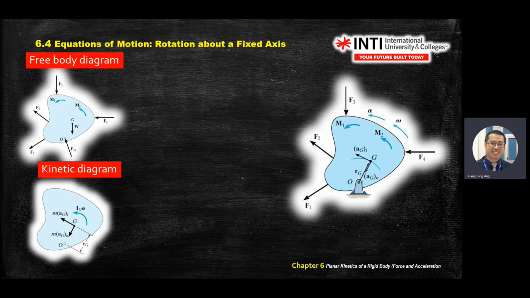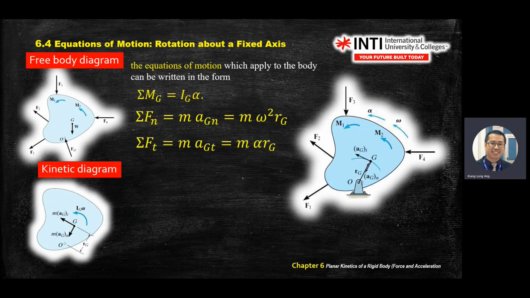So I'll just go very fast. Now you learn one more equation. If that object is fixed to one point, your moment equation you can calculate with I_G alpha. How do you find I_G? From the chart, from the table. Okay, you have two.